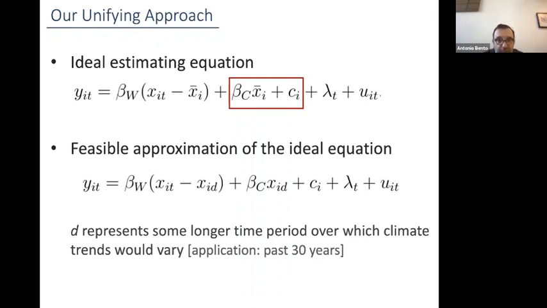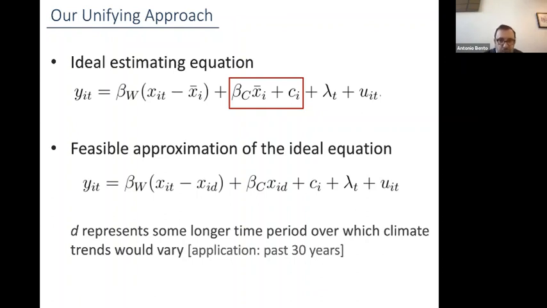And so one way to get around that is to propose, and here you can challenge me if you don't like the approximation, a feasible approximation to this ideal equation by, in practice, replacing the xi bar by xid.